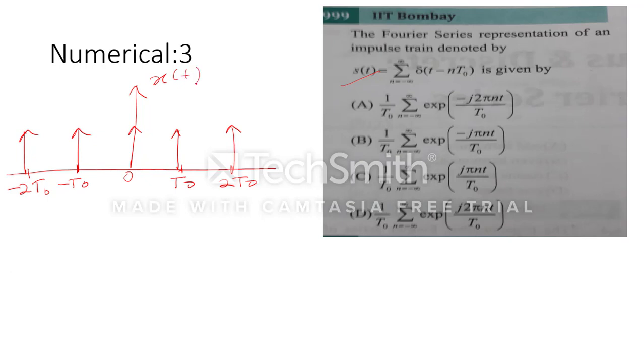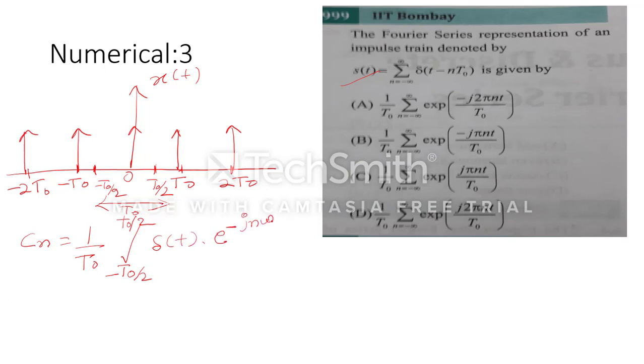If we take one time period only, suppose from minus T naught by 2 to T naught by 2, and calculate the value of Cn, as the time period is T naught only, it is 1 by T naught, the limit from minus T naught by 2 to T naught by 2, and only one delta(t) function is present, multiplied by e to the power minus j n omega naught t dt.